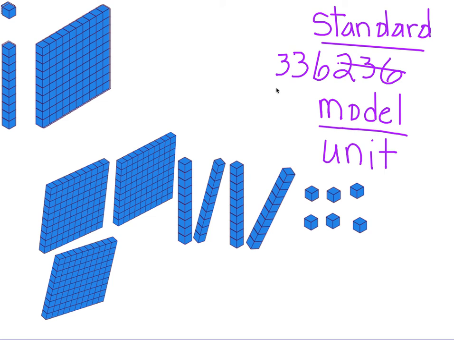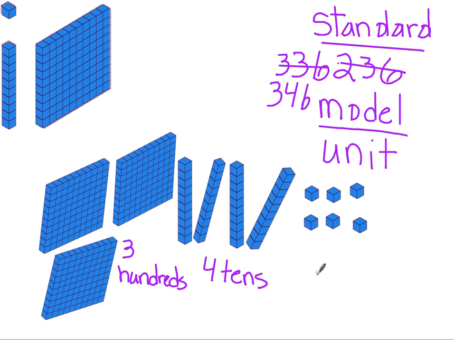So the value becomes 346. We'll ask the kids if they can prove that to us. So they'll go back to their idea of unit form, and they'll tell us that there are 3 hundreds, 4 tens, and 6 ones.